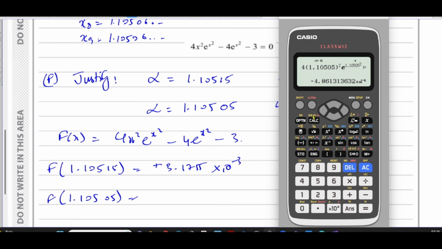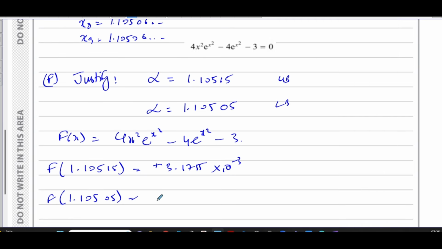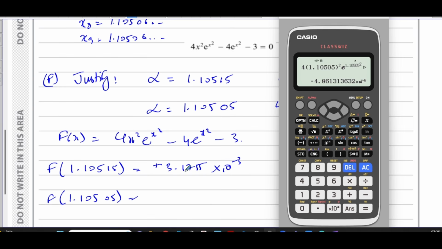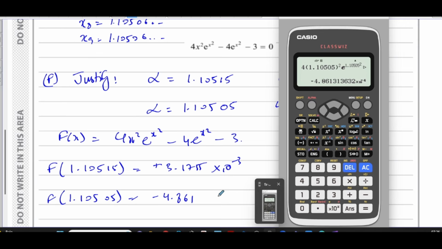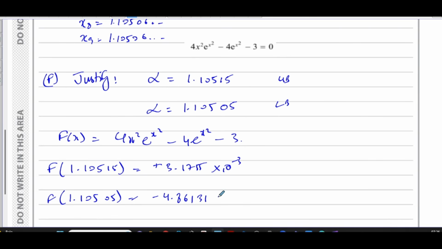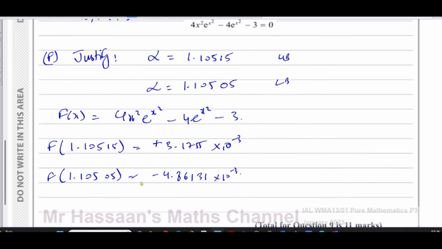Okay, we see we get a negative value. So that was negative 4.86131 times 10 to the power negative 3. So we can see there's a change in sign. That means the root must lie between these two values.